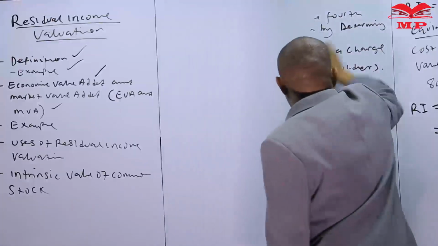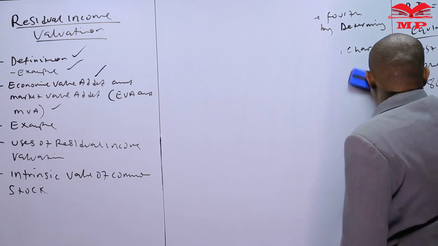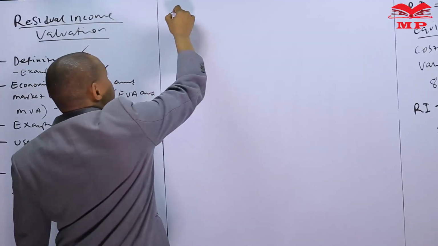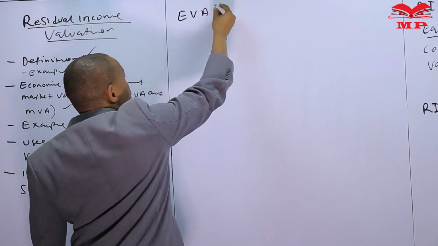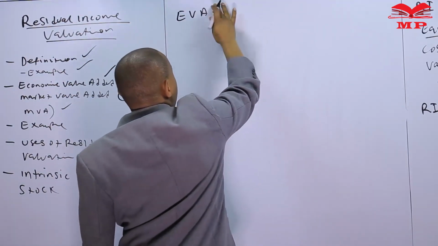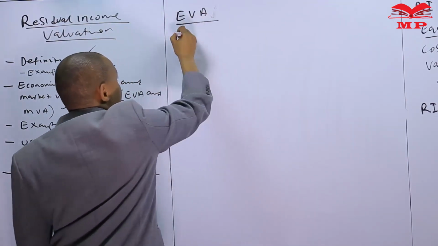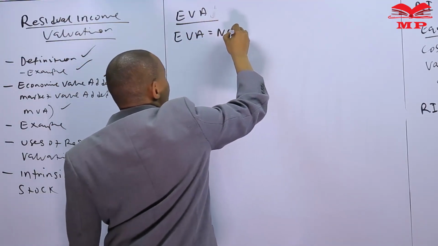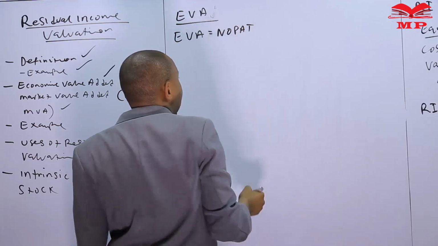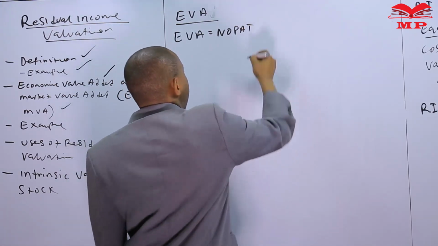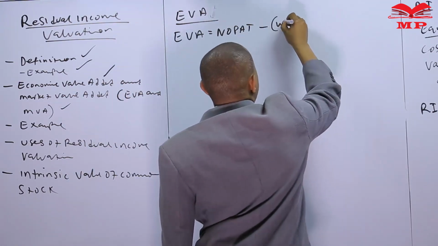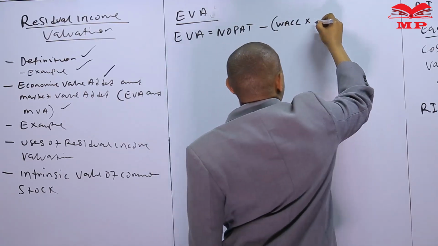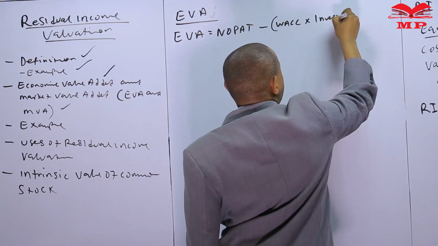The economic value added, or EVA, is given as net operating profit after tax, less the product of the weighted average cost of capital multiplied by the invested capital.